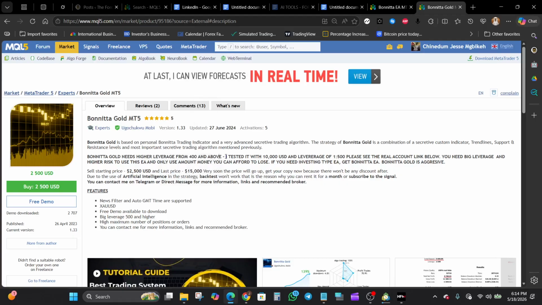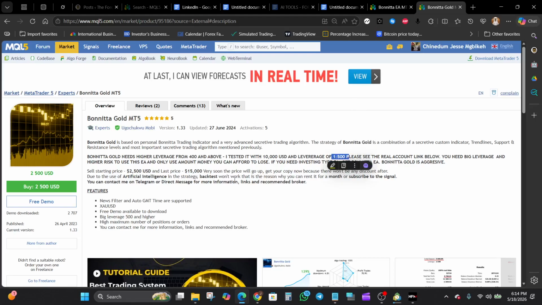The developer mentions testing on a $10,000 account using 1:500 leverage. There is also a strong risk warning advising users to only trade money they can afford to lose, which is definitely worth paying attention to when reviewing systems with higher exposure potential.